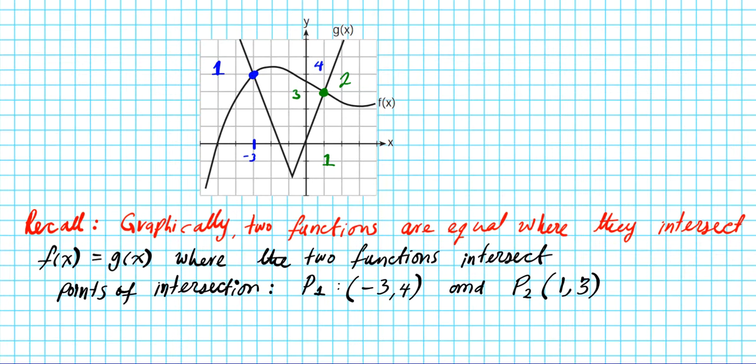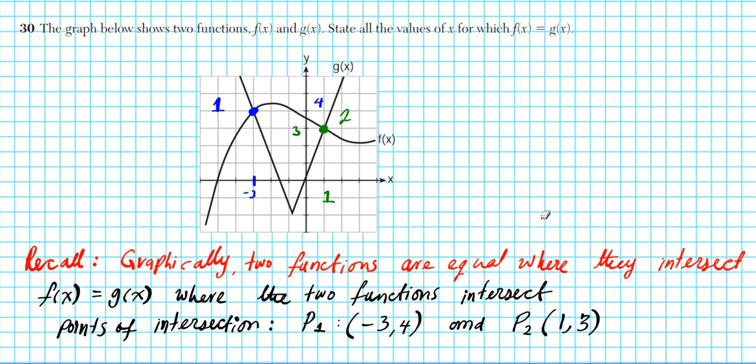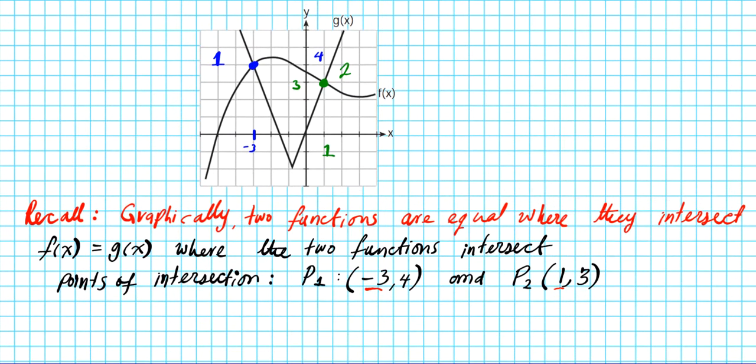So let's go back to the question and make sure we're answering exactly what we were asked to find. We're asked to state all the x values for which the two functions are equal. So all we have to do is simply extract the x coordinates of the points of intersection, and that will be our answer.